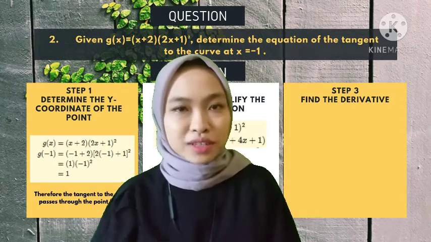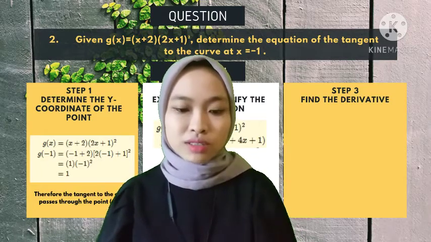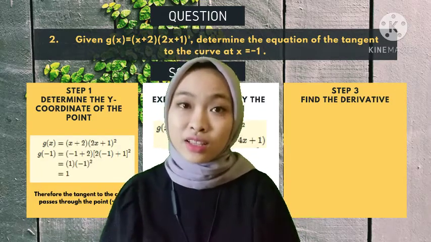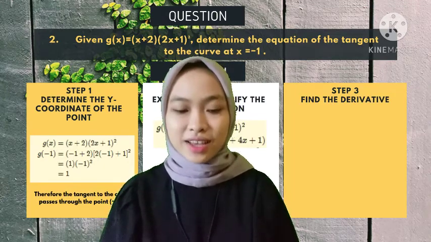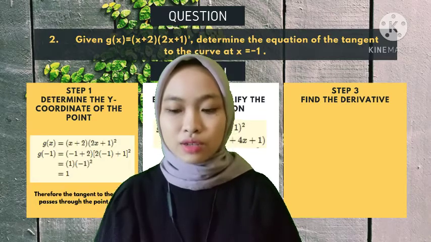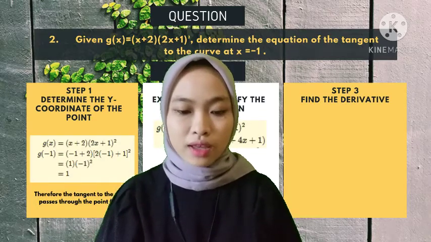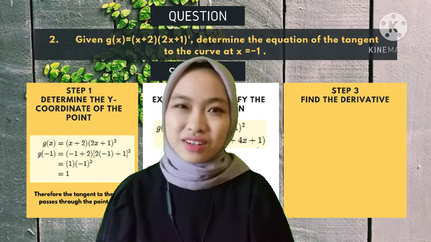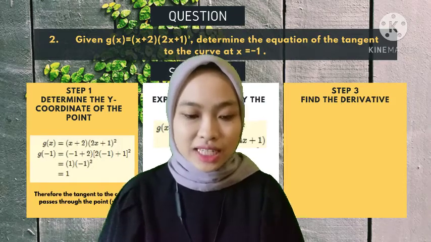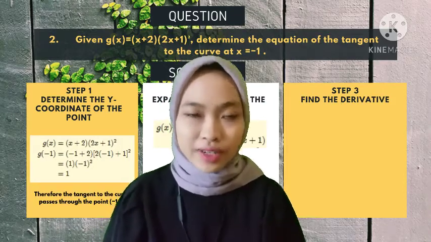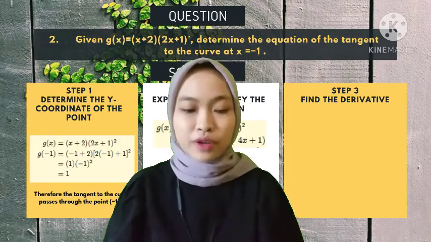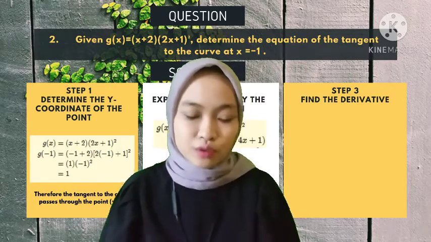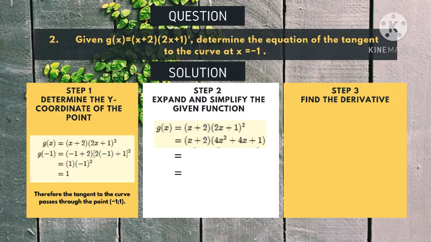Do you remember the steps to determine the equation of the tangent to a curve? Okay, if you remember, you just follow the steps and I will help you with part of the answer. Maybe step 1, determine the y coordinate of the point, and then you solve by yourself. And then you move to step 2, expand and simplify the given function.